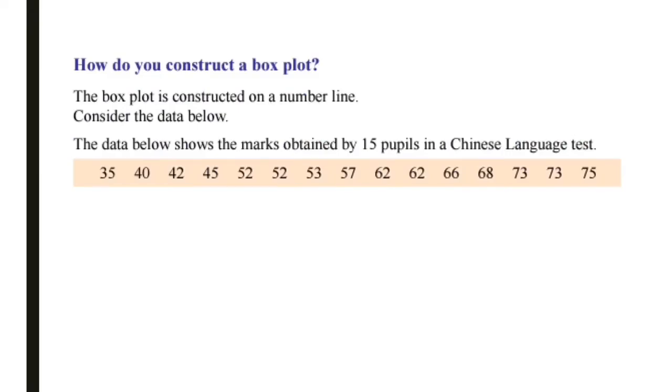Okay, students, how do you construct a box plot? The box plot is constructed on a number line. Consider the data below. The data below shows the marks obtained by 15 pupils in a Chinese language test.